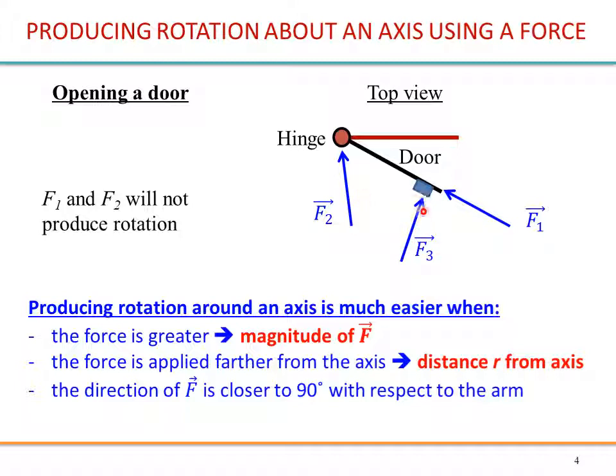F3 is applied far from the axis, but if you apply, let's say, a parallel force very close, you will find out that it is more difficult to close the door. So distance r is an important factor. Of course, it makes sense that the greater the force, the easier it gets to put this door in rotation, so the magnitude of F is also important.